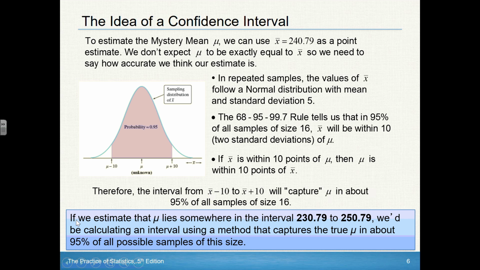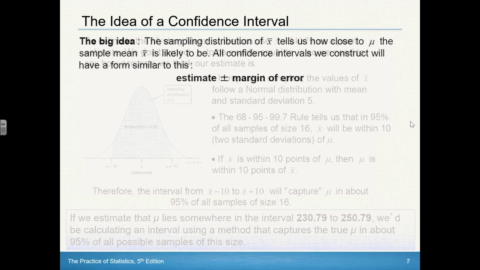So we would estimate that mu, the true mean value, is somewhere between 230.79 and 250.79. Again, just taking that value of 240.79 and subtracting 10 and adding 10. And if we did that, we'd be calculating an interval using a method that captures the true mean in about 95% of all possible samples of this size.